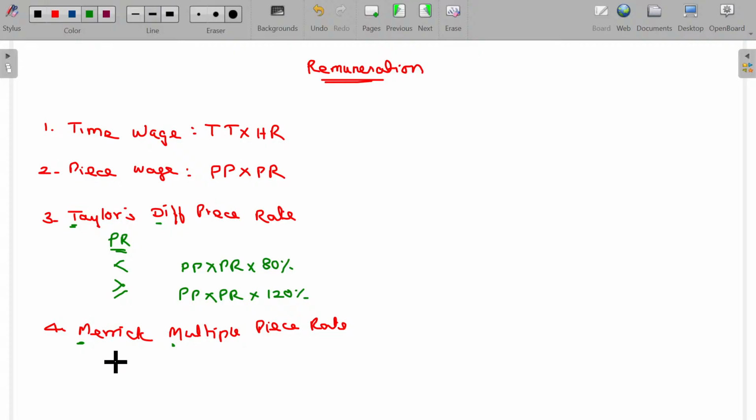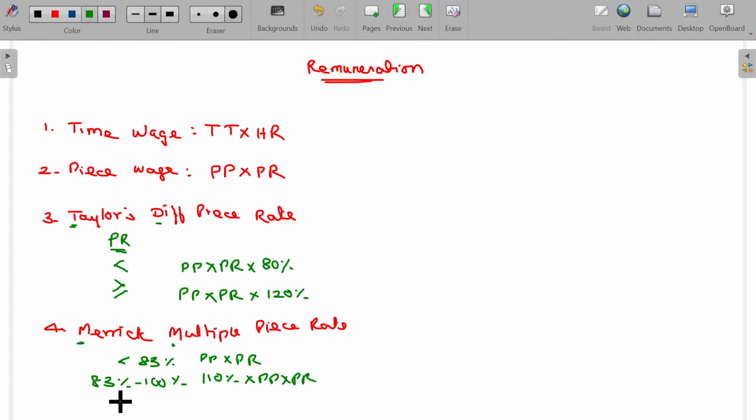Here, if the performance rating is less than 83%, then only pieces produced into piece rate will be payable. If it is anywhere between 83% and 100%, then 110% of pieces produced into piece rate will be given.